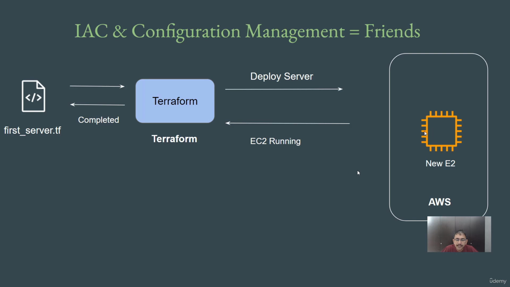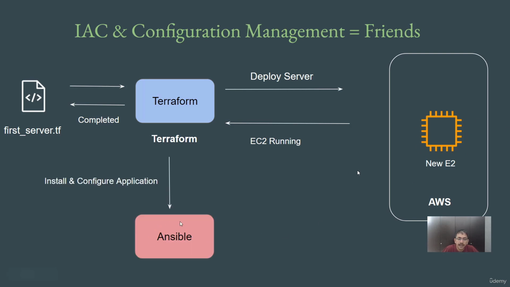In such cases, an IAC tool is not the right solution to manage the desired state inside the servers. So what you do is, configuration management is the right choice. Once your IAC solution, as part of the infrastructure orchestration category, has created the infrastructure for you, it can connect to the configuration management tool, which is specialized in configuring the appropriate state inside your server.